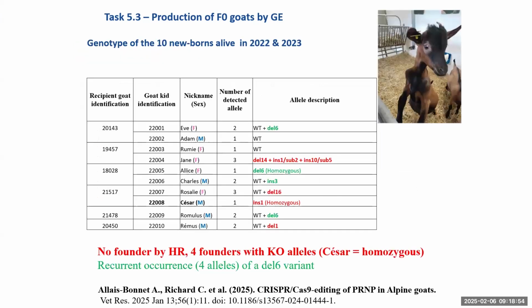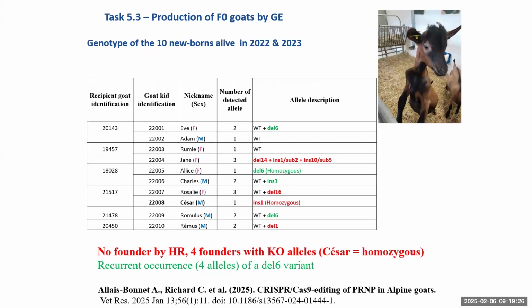So here are the founder animals with the different mutations. We got one founder that is very interesting. It's called Caesar, and it was found homozygous for a one base insertion, giving a frame shift and a knockout allele. Also, remarkably, we got 3 times this mutation, a deletion of 6 bases, of 2 amino acids.